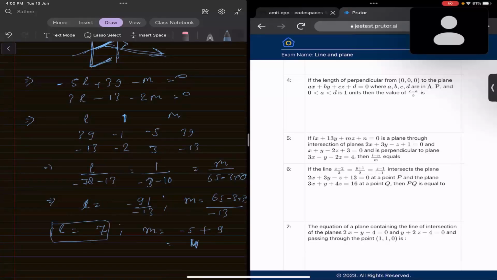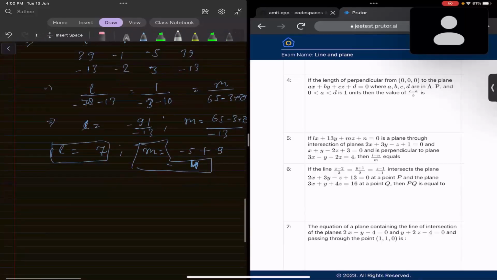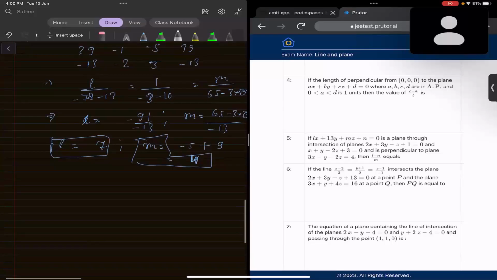So these are the values of l and m, and now we are left with our last variable, that is n. So how do we find n? For finding the value of n, we'll do a tricky part here.